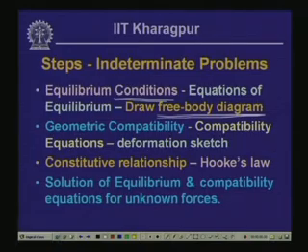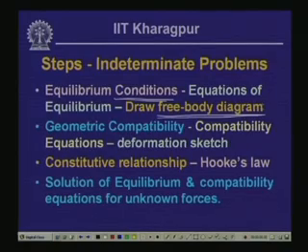As we have seen when we solved several problems, we took the free body of the whole system, and from the free body diagram we can write down the equations of equilibrium, which state that the summation of horizontal forces is 0, the summation of vertical forces is 0, and the moment with respect to a point is equal to 0 in the system, and that gives us the equilibrium criteria.